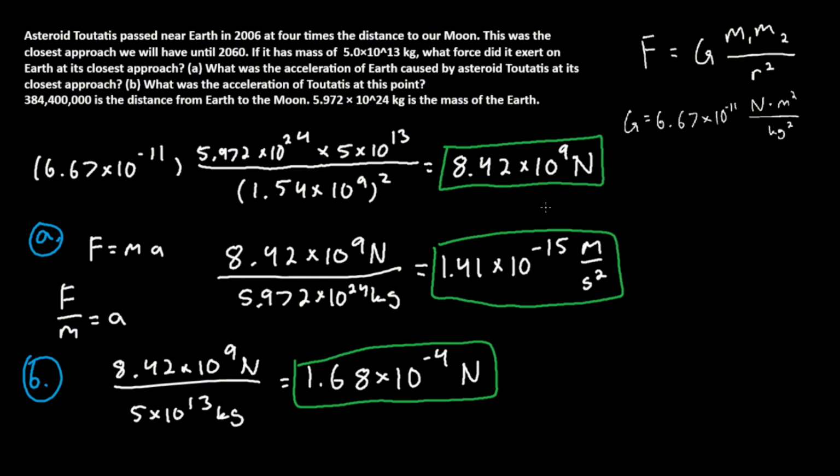Oops, not newtons, that's meters per second squared. Still quite slow of an acceleration. The asteroid is barely getting pulled towards the Earth, and that is due to the fact that the universal law of gravitation has an r squared at the bottom. So distance squared exponentially decreases the force of gravity over a distance.